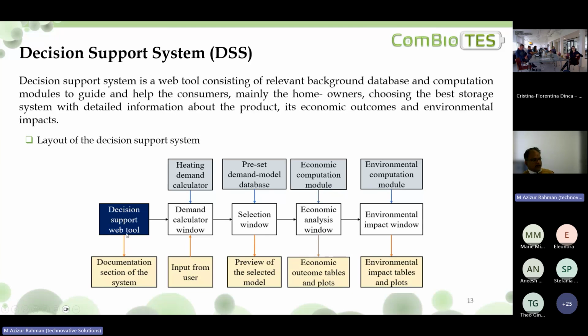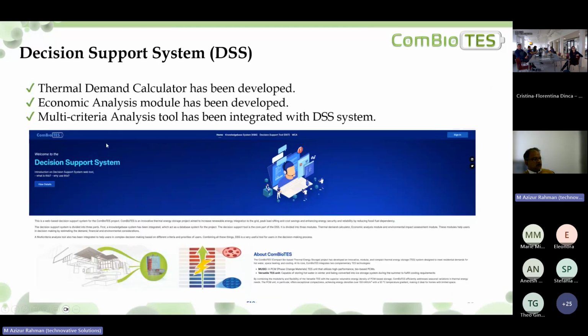It contains a heating demand calculator, a preset demand model database, and an economic computation model, where we calculate the levelized cost of storage, and then here we calculate the life cycle impact, LCA. So this is the portal that we have already developed. Those things are already included. One can sign in and get our permission to use the DSS.